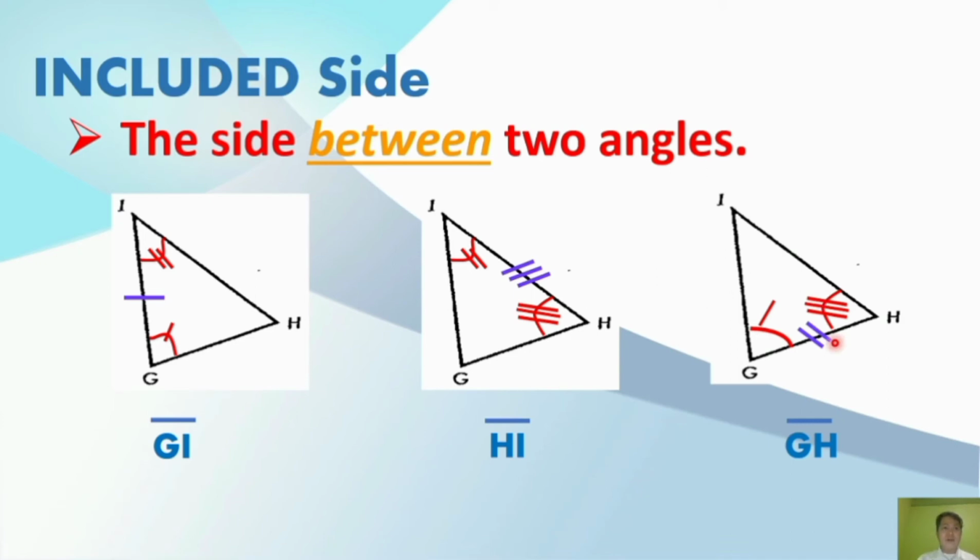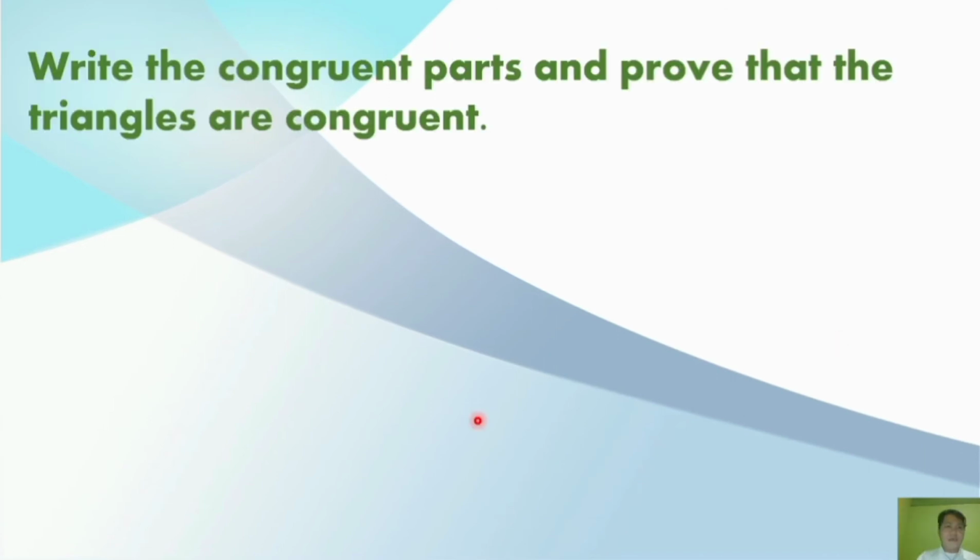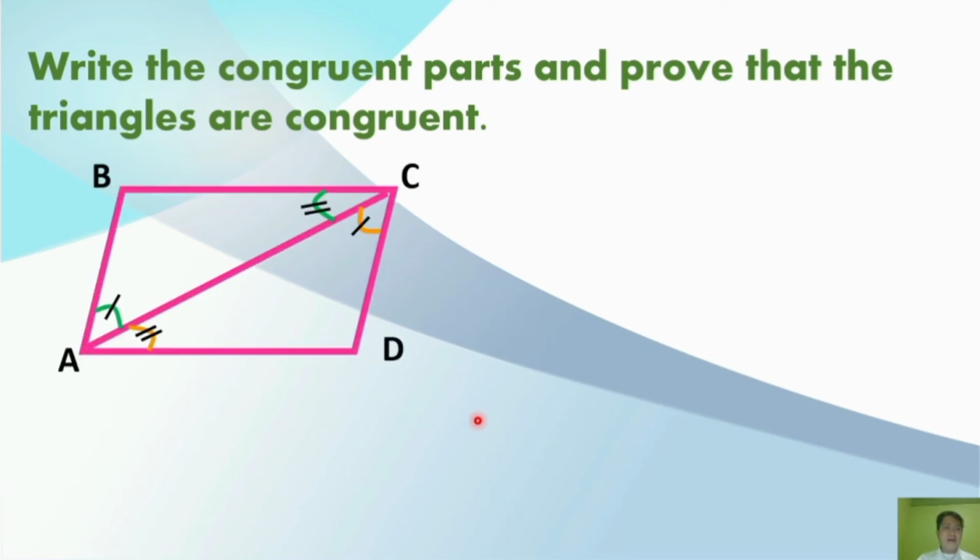Okay, so since we already know what included side is, let us now give an example about ASA congruence postulate. Write the congruent parts and prove that the triangles are congruent. Suppose we have this triangle, triangle ABC, and triangle CDA.